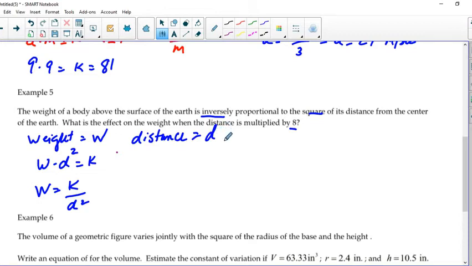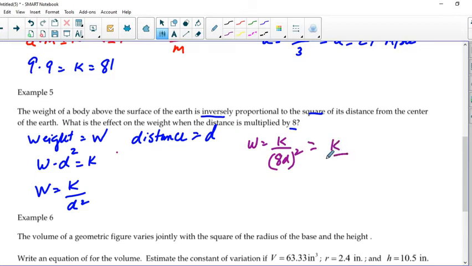What is the effect on weight when the distance is multiplied by 8? So let's look at this. Weight is equal to K, and we're going to multiply the distance by 8. And remember, that's squared.